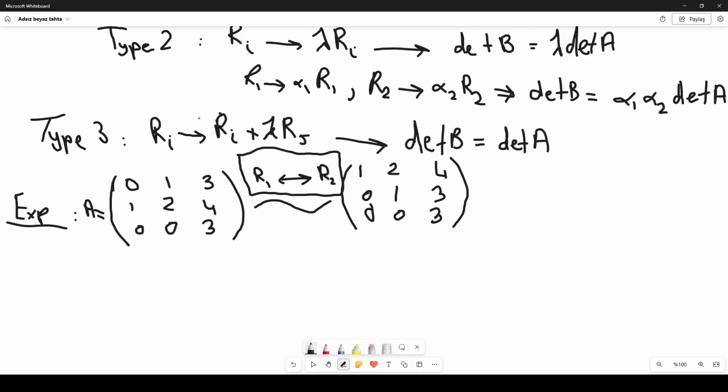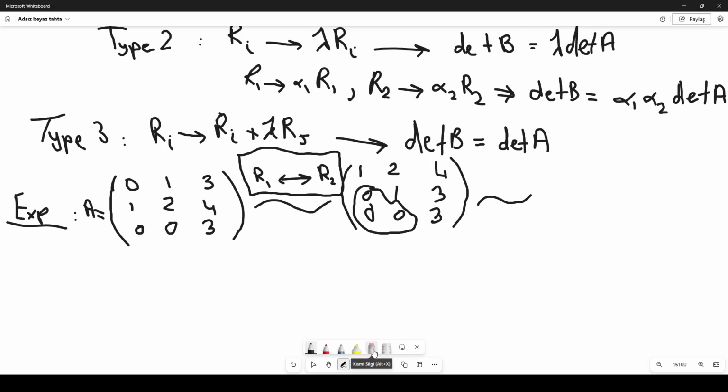Let's continue. Okay, now the second operation. What can I do here? All right, let's see. If I want to reduce this matrix into reduced row echelon form, well, actually I don't need to. In this case, I already have obtained what I want, right? I can stop here.